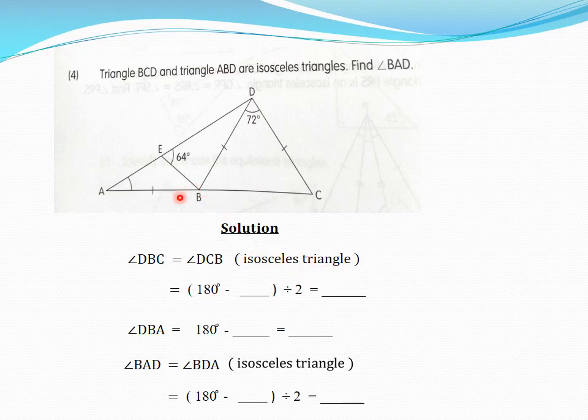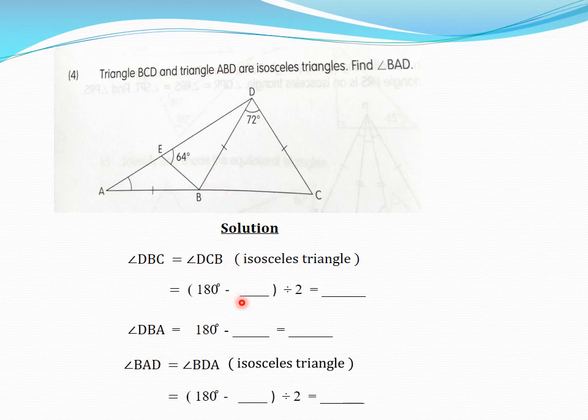B is the vertex. If you want to know about the vertex, it means we need to relate to angle BDC. BDC is also an isosceles triangle. If we know the vertex angle D is 72, how do we find one part of angle B?